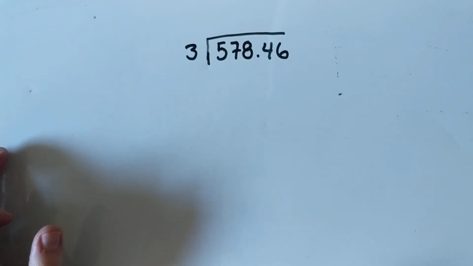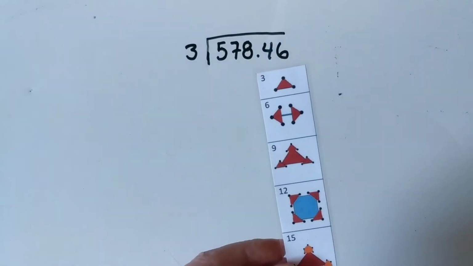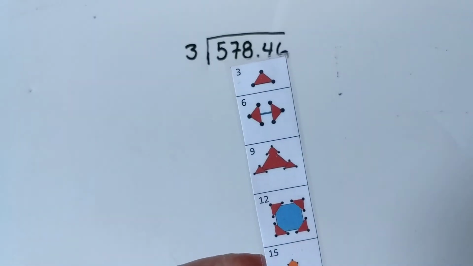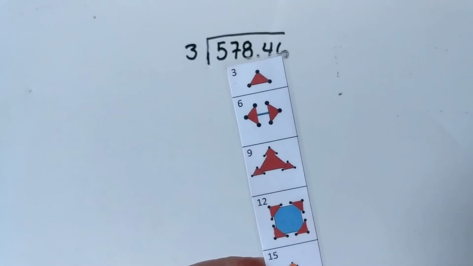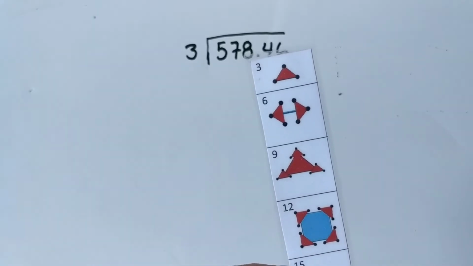So I'm going to show you using the colors from Google Slide how you would do this in your assignment. So I have off to the side here my fractal multiplication, which is in the resource section of your Google Classroom.